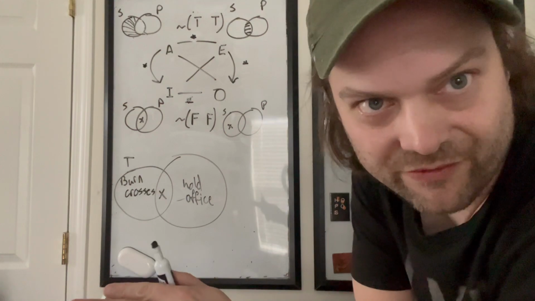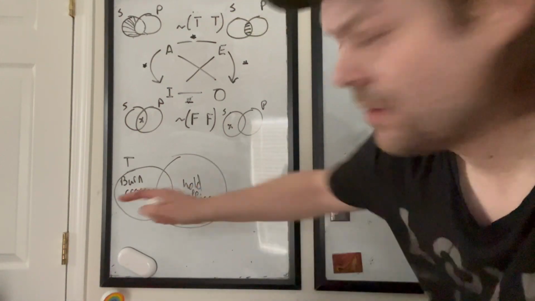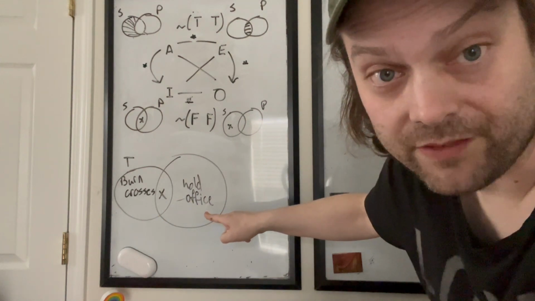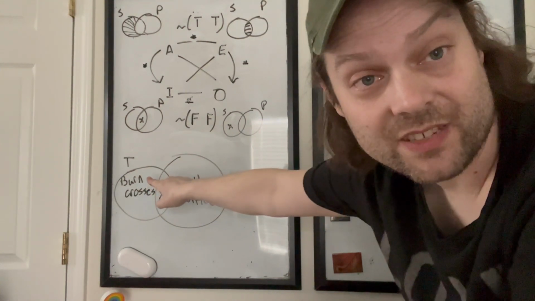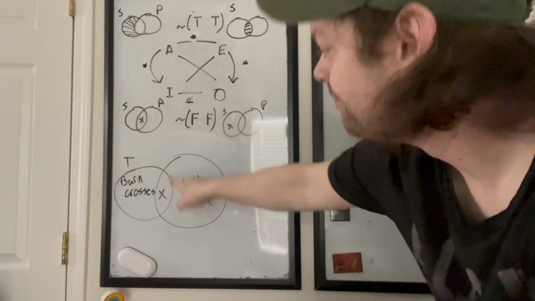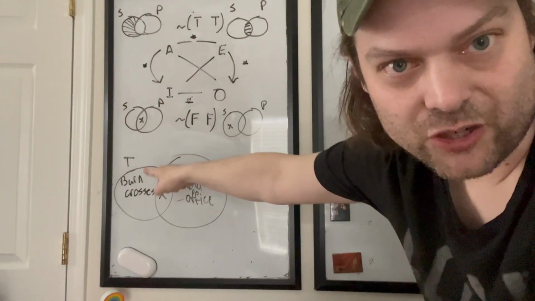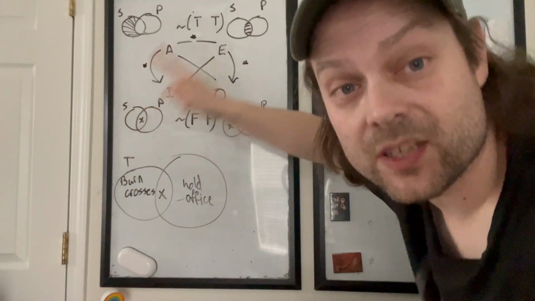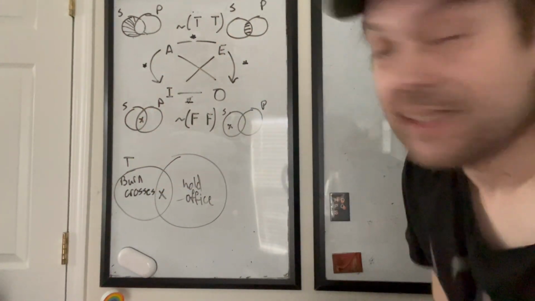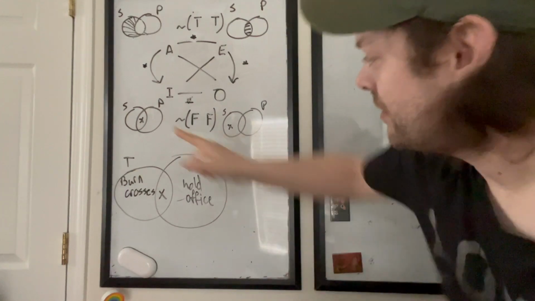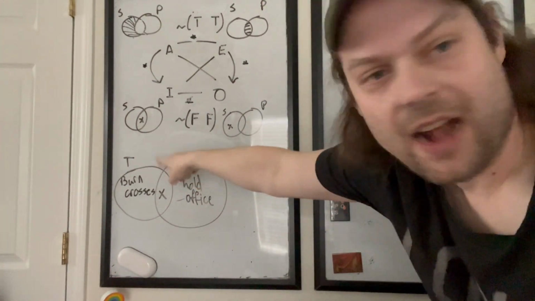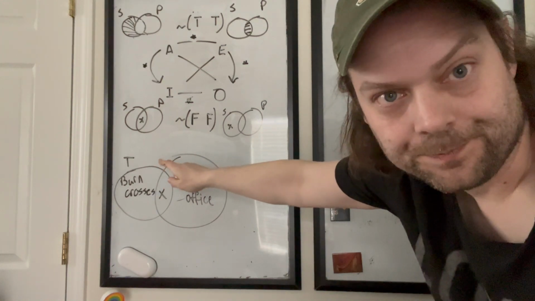All right, let's make some inferences. Let's use our example. Some of those who burn crosses are the same as those who hold office. Let's say that's true for the sake of argument, because it is. If that's true, what do we learn about the corresponding A, E, and O statements if our I statement is true?